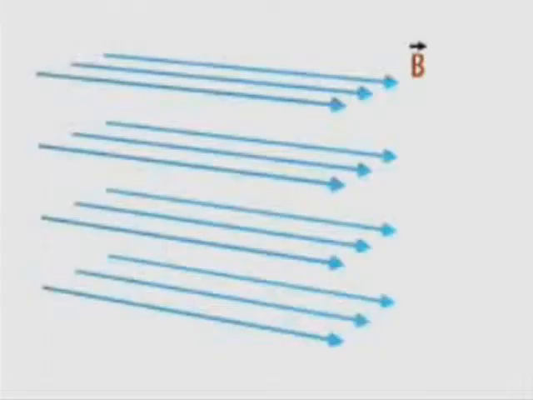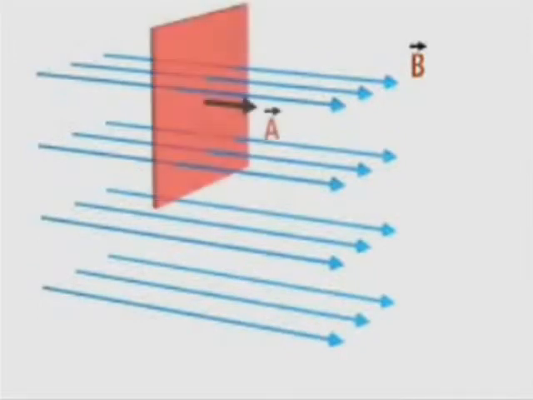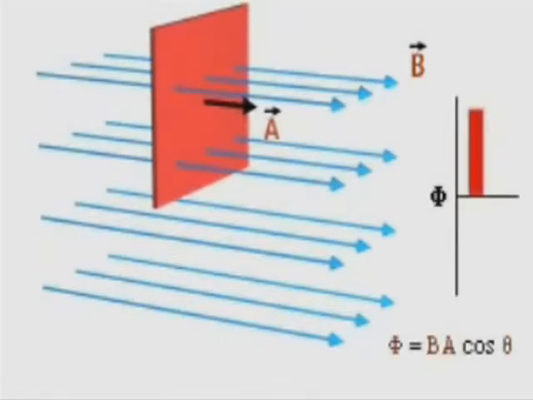Let's move on to some fundamentals of electromagnetism. To make it easier for you to see, I will show you an illustration. When magnetic field lines pass through a surface, flux will be produced since there is presence of magnetic field intensity. Flux represents the number of field lines.